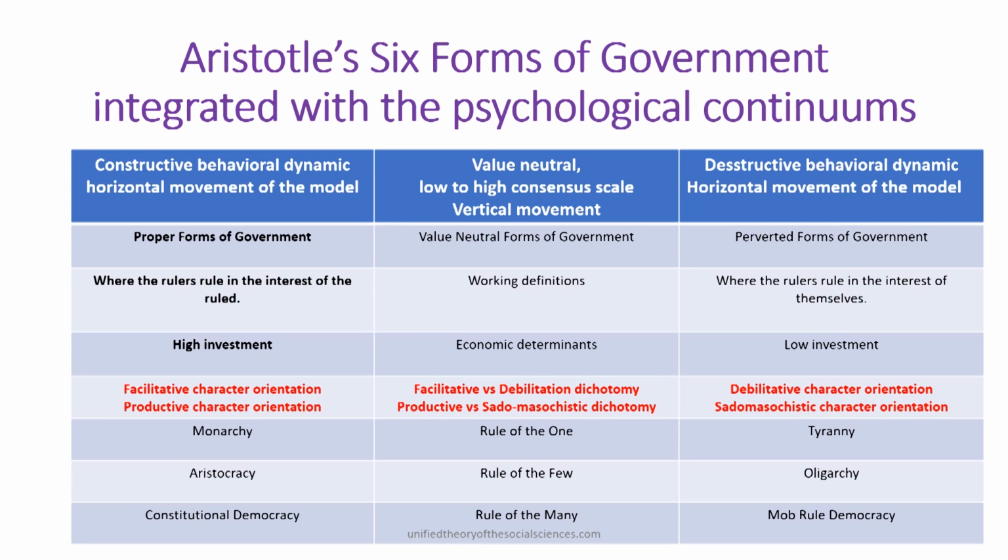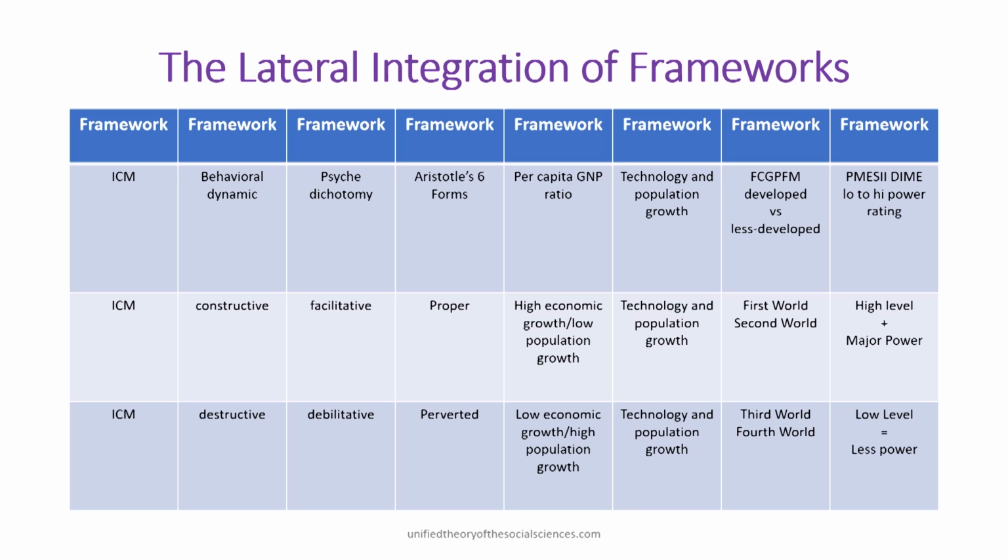In the perverted forms, where the rulers rule in the interests of themselves, they're more extractive, so they have low investment and debilitative character orientations or a sadomasochistic character orientation dichotomy. And that is typical in tyrannies and oligarchies, or a mob rule that degenerates into lawlessness and goes back to oligarchy and tyranny, and a reduction in the consensus scale.